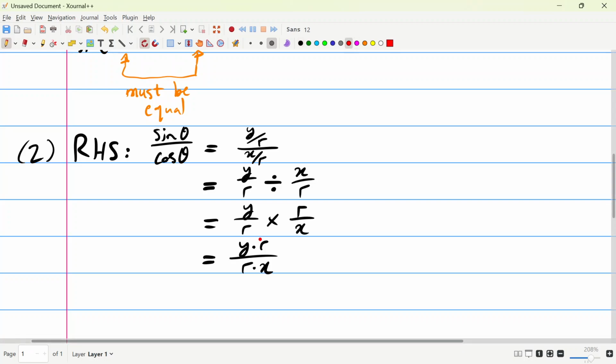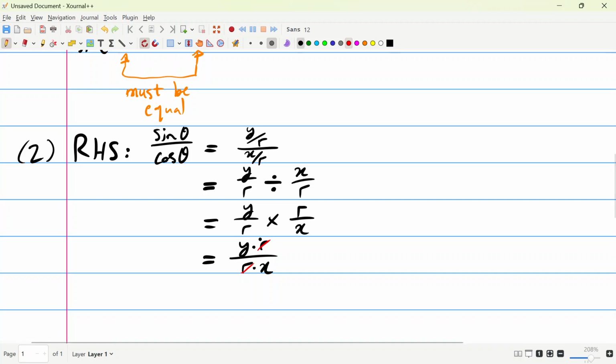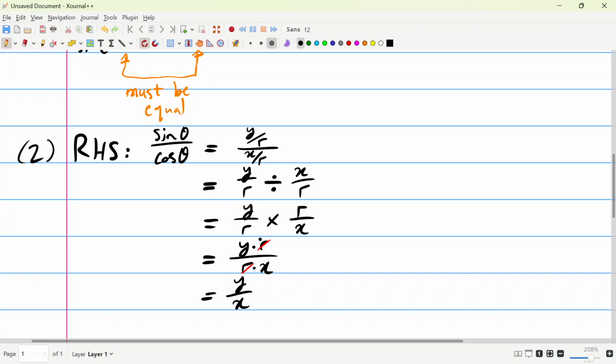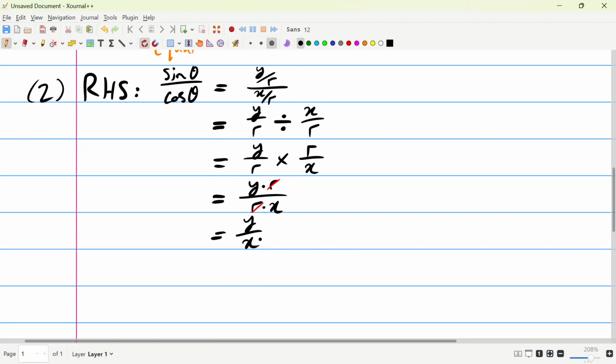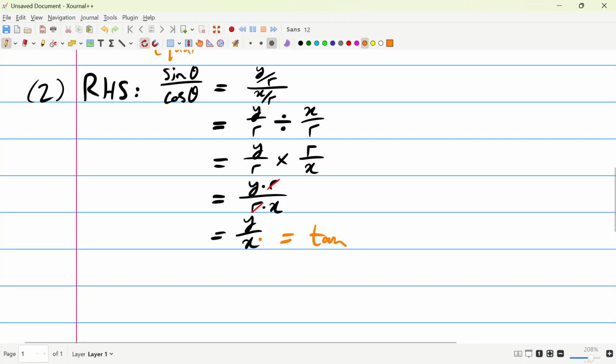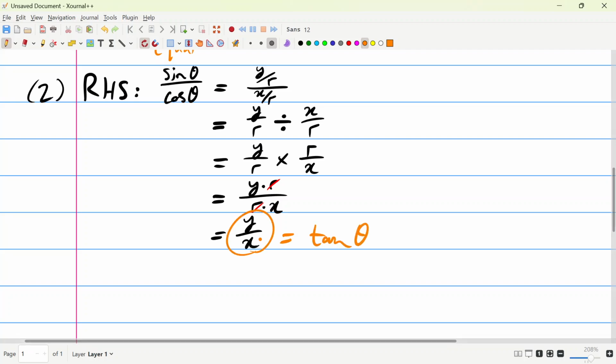Okay, and notice that the r's can cancel. And then we're left with y over x. And this is the best part. We know, according to the Cartesian trig ratios, that tan theta is equal to y over x, which, remember, y is the opposite and x is the adjacent.